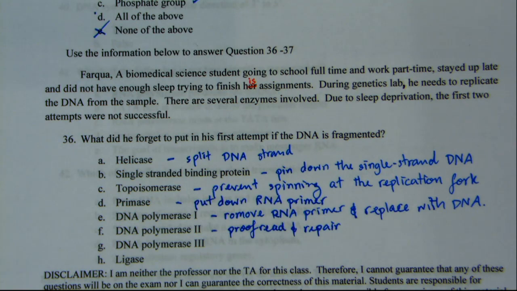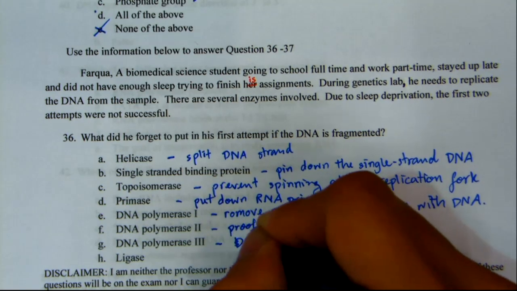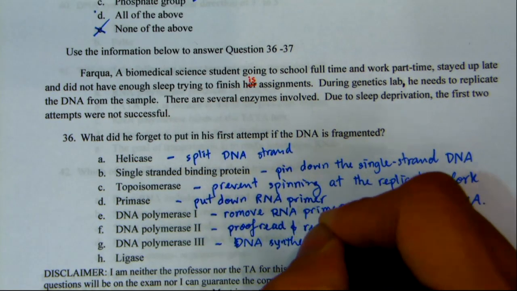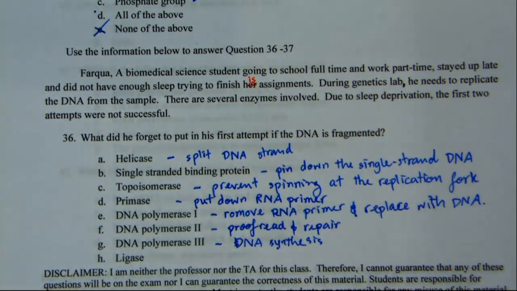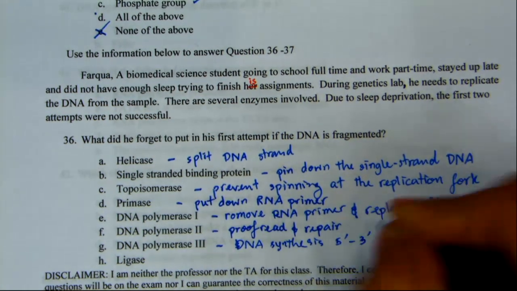Okay. Polymerase 3 actually is the one that does the DNA synthesis, or let's say puts down the DNA. Once again, how do we make DNA? Which direction? 5' to 3'. Okay. Very important.